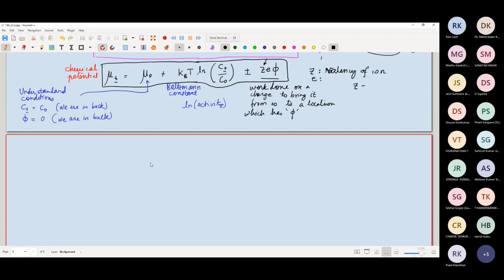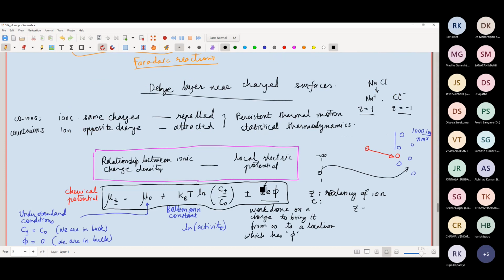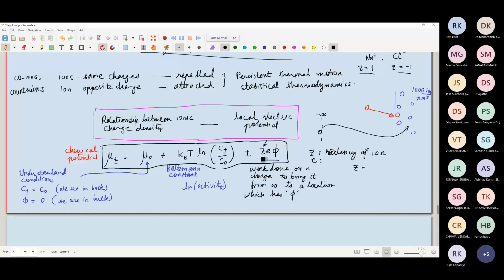Okay, so first of all, there are certain assumptions in me writing this. I have implicitly assumed that whatever electrolyte will be there, I have simply written it as one Z. Ideally, it has to be Z plus e phi and Z minus e phi.